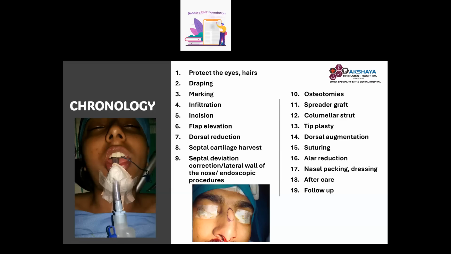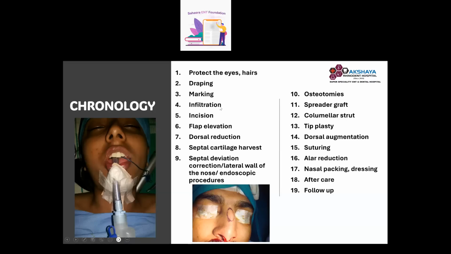Some people use plaster of Paris (POP), and that will go inside the eyes and cause a lot of burning and foreign body sensation. Surgery will go on well, but if the patient has a foreign body sensation in the eyes, they'll not sleep at night and they will not allow you to sleep either. They will keep calling you. That is why I always cover the eyes completely, and I drape the nose and the face.